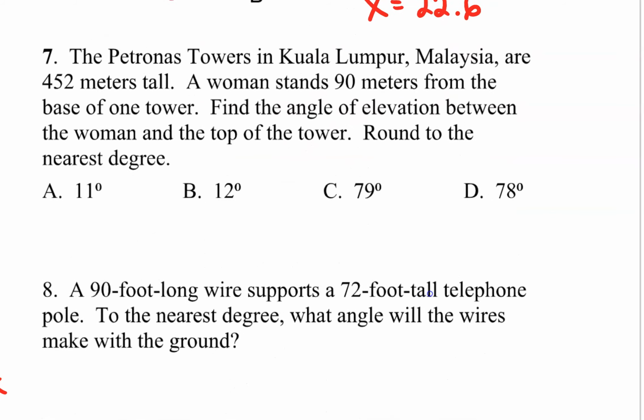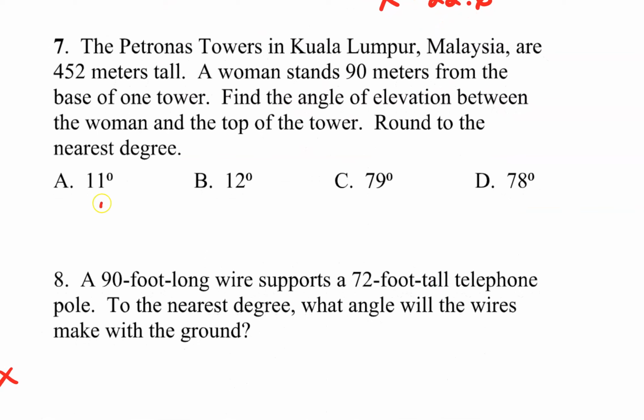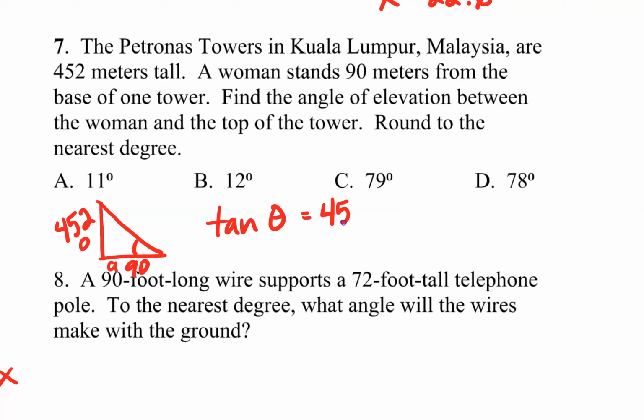All right, the tower is 452 meters tall. The woman is 90 meters away. Find the angle of elevation between the woman and the top of the tower. So right there, I'm going to label adjacent and opposite. So tangent of some angle is SOHCAHTOA, 452 over 90.